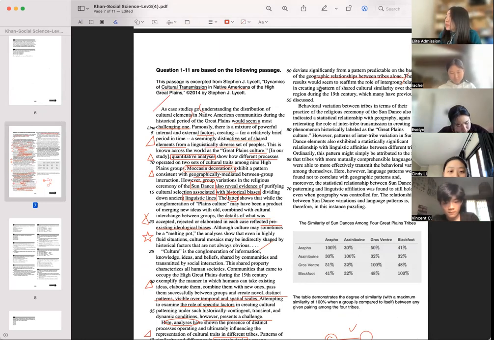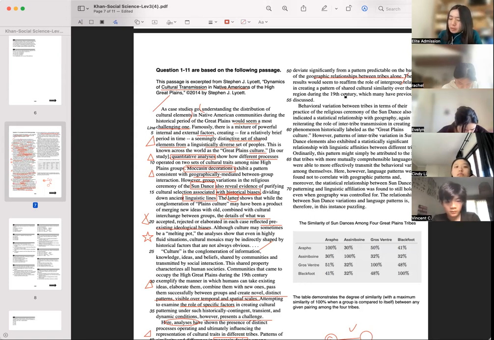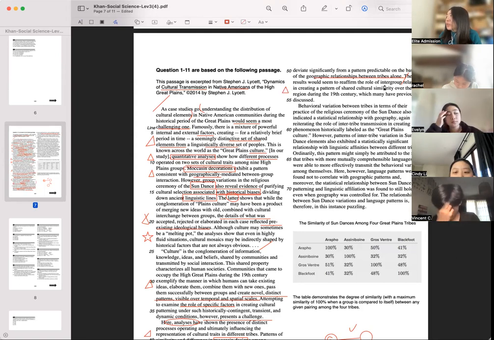So this result seems to reaffirm the role of intergroup relations in creating a pattern of shared cultural similarity over the region, which many have obviously discussed. So this study, the moccasin design, is consistent with that. It is like saying that it reaffirms the role of intergroup relations.